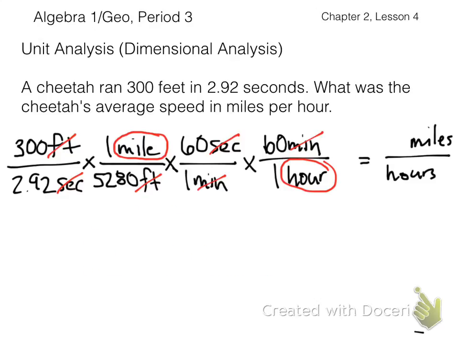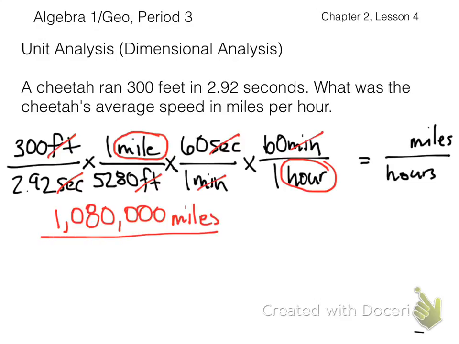Alright, so I did make a mistake. Who caught it? Yeah. 300 times 60 times 60 should be nowhere near 400. So here I am starting over again. So that would be 1,080,000 miles. And then when I do the 2.92 times 5,280, that's when I'm going to get how many hours?